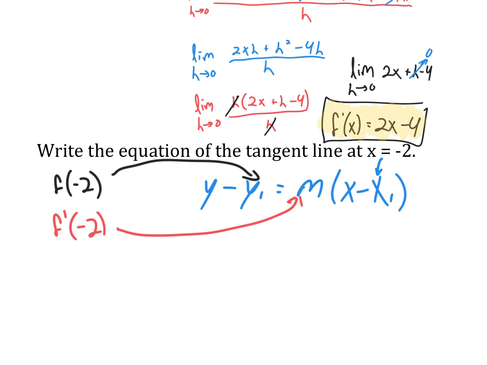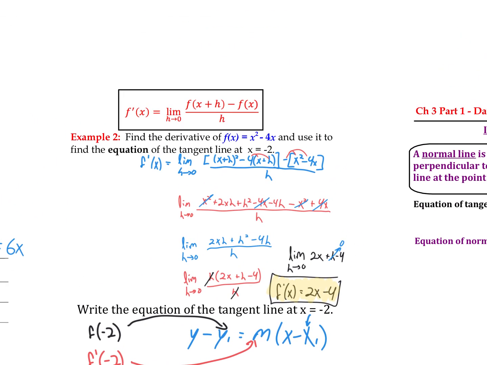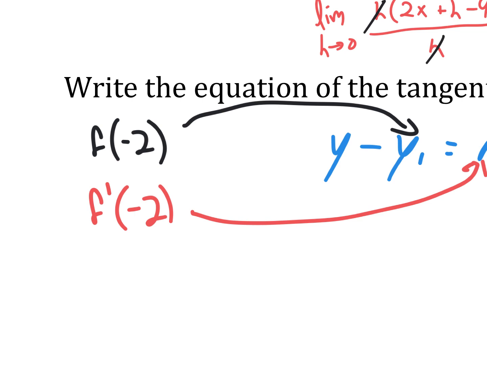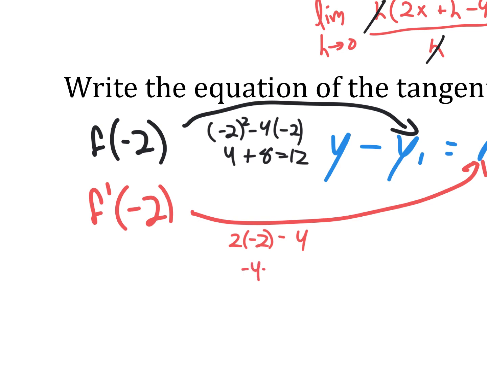So our function value, let's see, our original function was x squared minus 4x. If I plugged in -2 to x squared minus 4x, that would be 4 plus 8, 12. If I plugged in -2 to my derivative function, which was 2x minus 4, this would be -4 minus 4, which is -8.